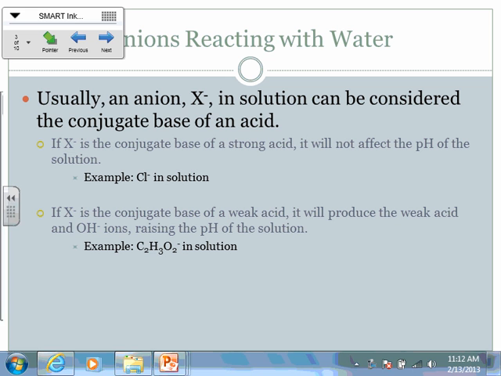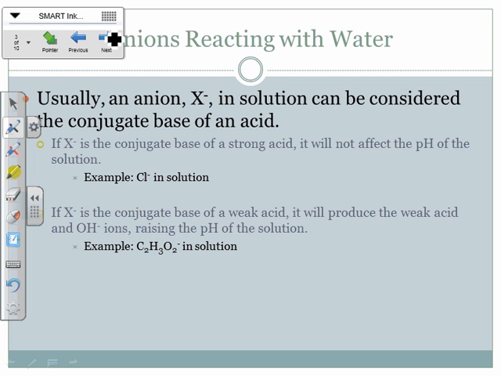So here's an example. If you have Cl minus in solution and you add it to H2O, then if it took a hydrogen from the water, it would make HCl and OH minus.